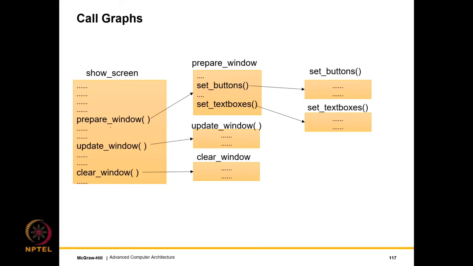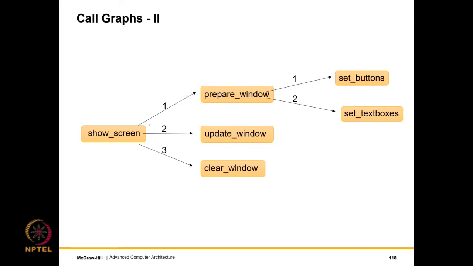It's not exact code, but it is inspired by what happens. In prepare window, we set the buttons and text boxes, which are different functions in their own right. Then we update the window with whatever recent information that we have. And finally we clear it, if we want to redraw something else.